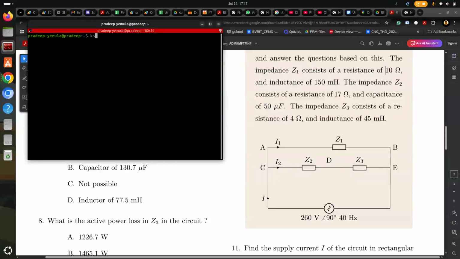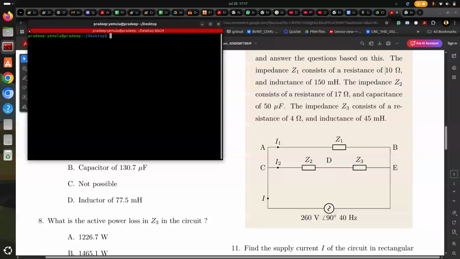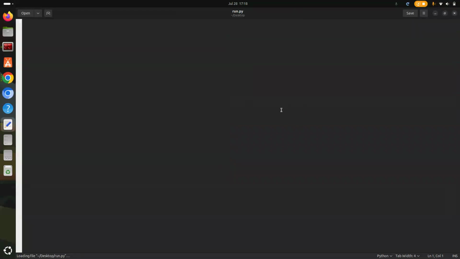Just a minute. I think I will change to a different folder. You need not worry about what I'm typing here right now. I'm just opening a file. I'm using Python to solve this problem.